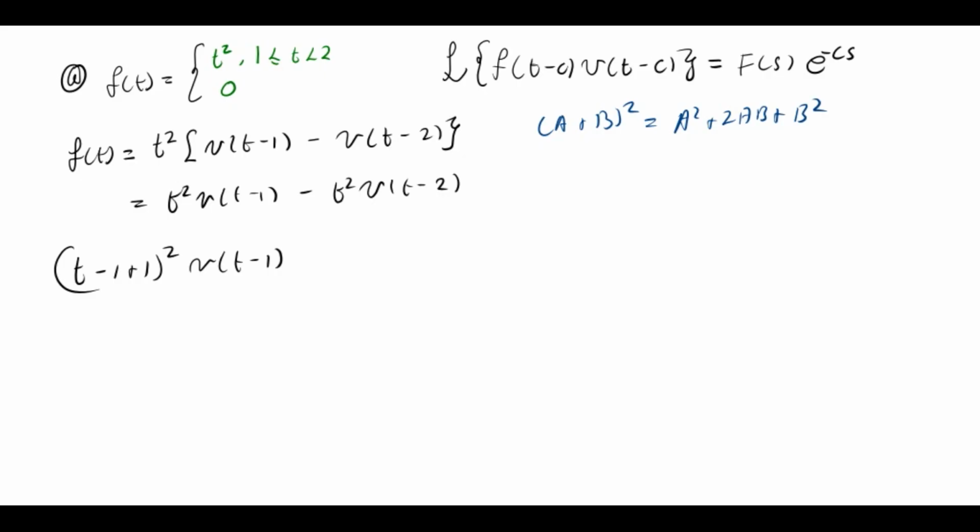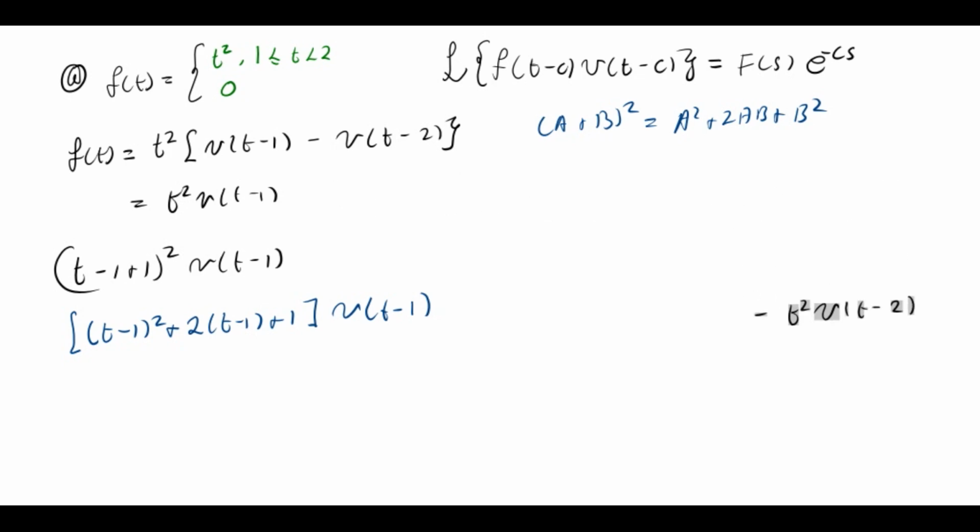So you have a squared, which is t minus 1 squared, plus 2 times a times b, that will just be 2 times t minus 1, plus b squared, that's just a 1, then u of t minus 1, like that.